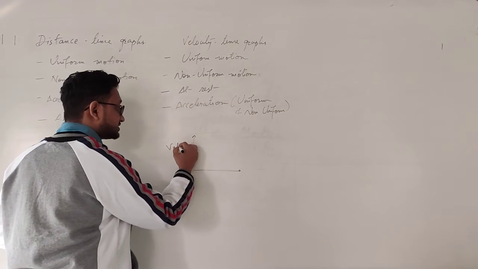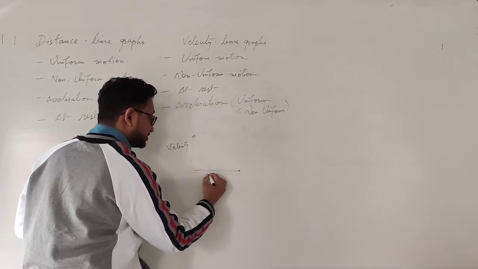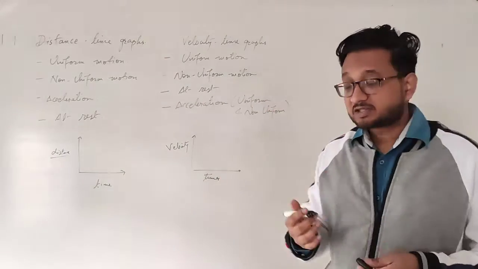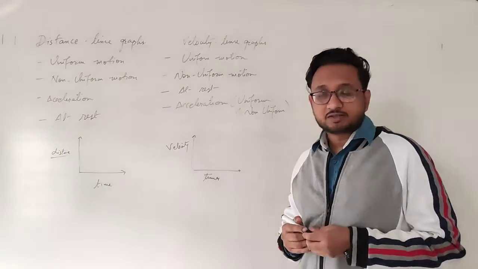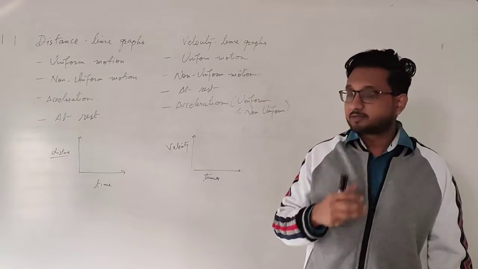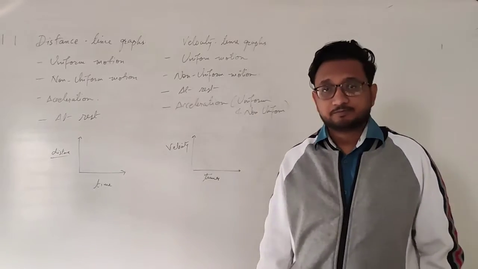So how is velocity changing as the time changes? With the help of that, the motion of the object can be described. So the first one is uniform motion.